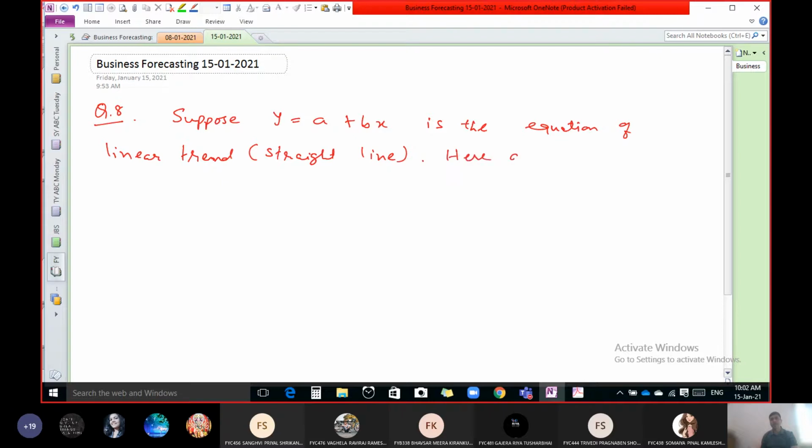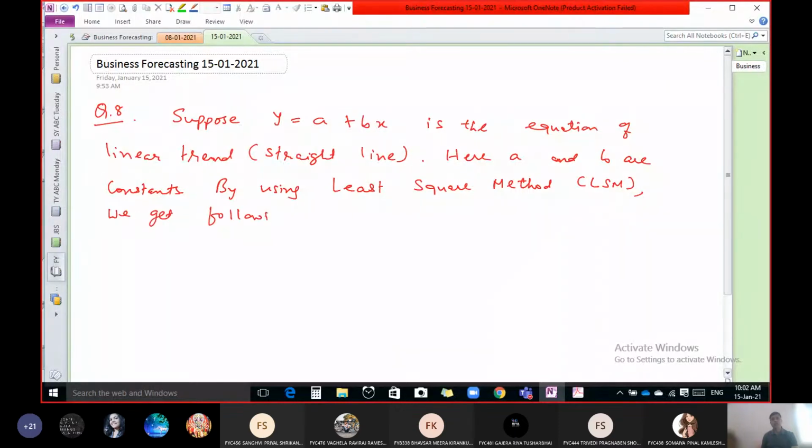Here a and b are constants. By using least square method, we get following two normal equations.